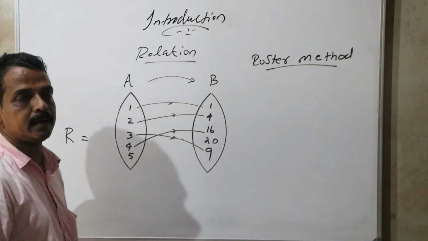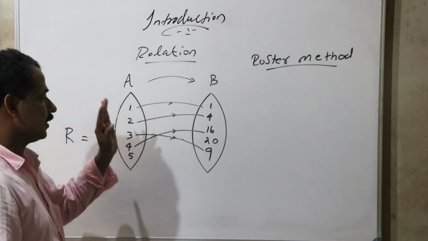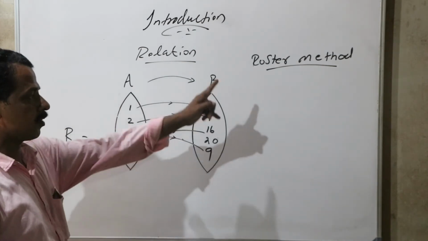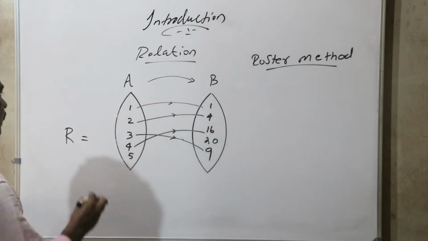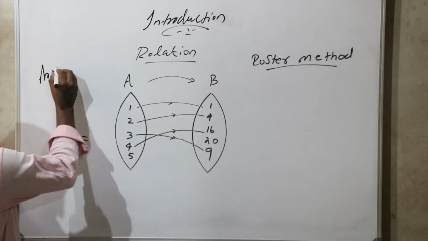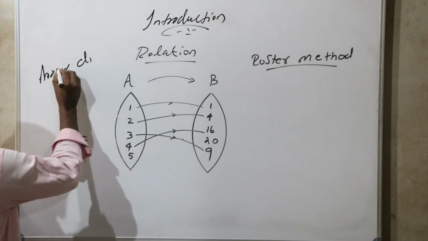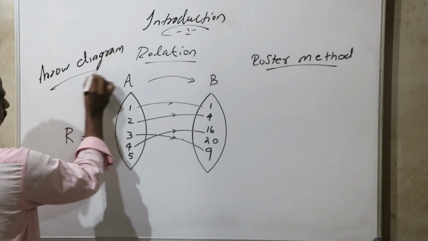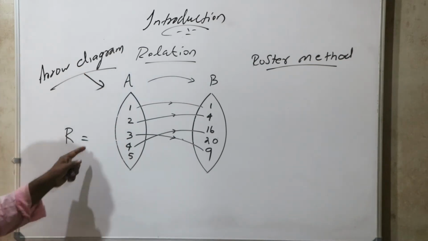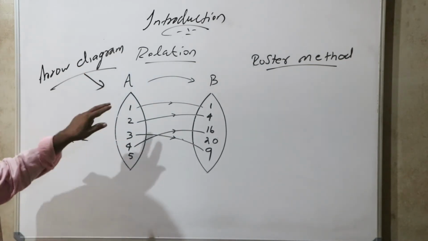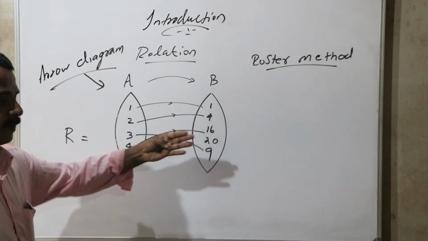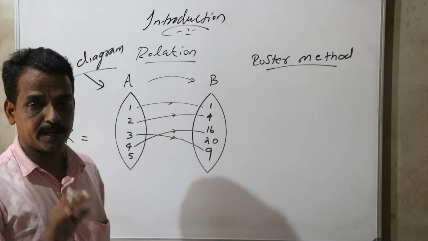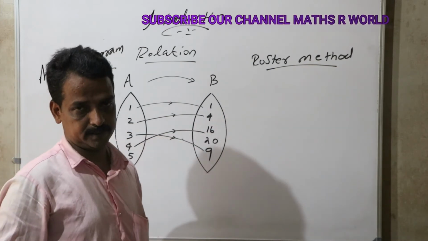We can represent this same relation in roster method. This is the arrow diagram of a relation. We can represent the same relation in roster method.